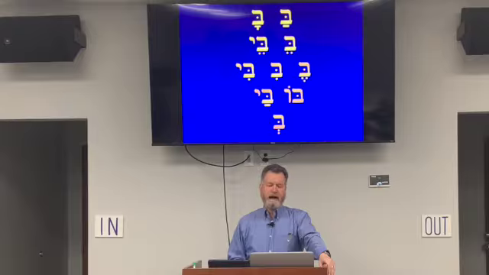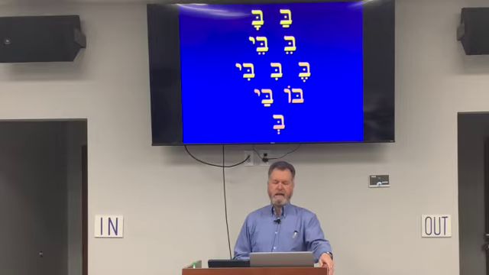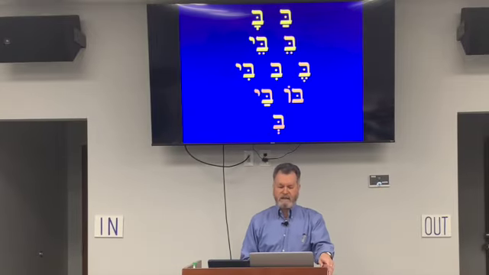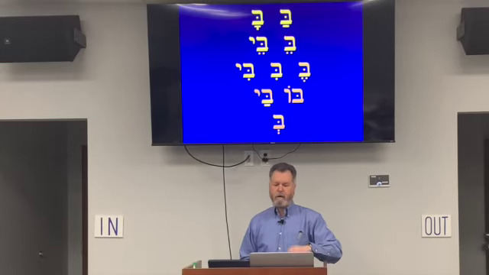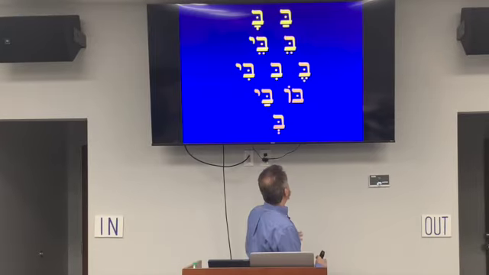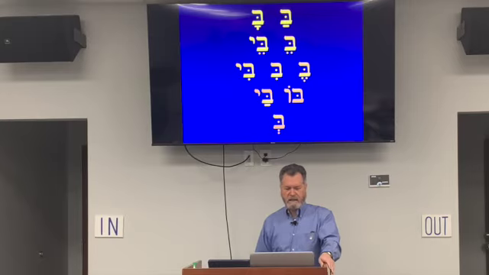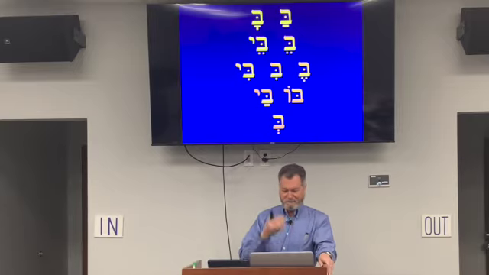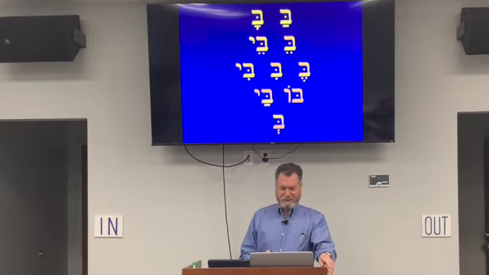So these are the vowels that we have learned, and the technical term for them is nikudot, and they are either underneath or to the left of the consonant. It's right in front of me, but my brain just decided it looked better up there.